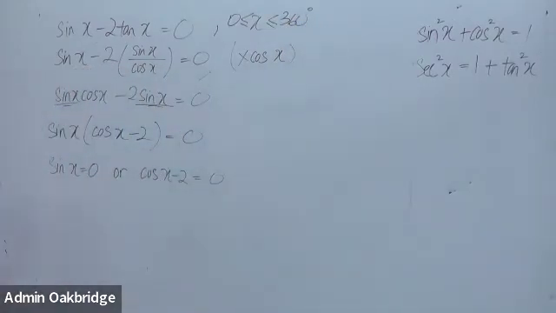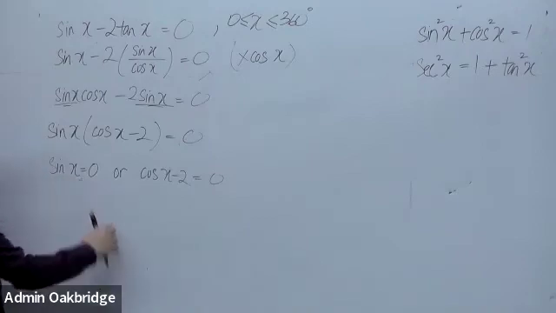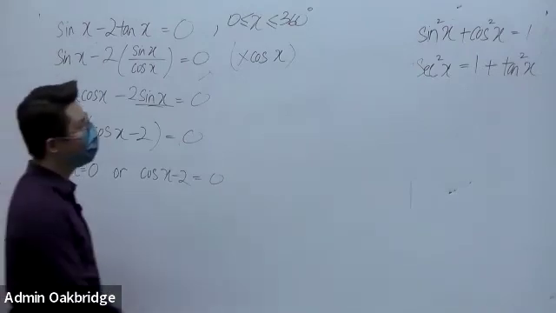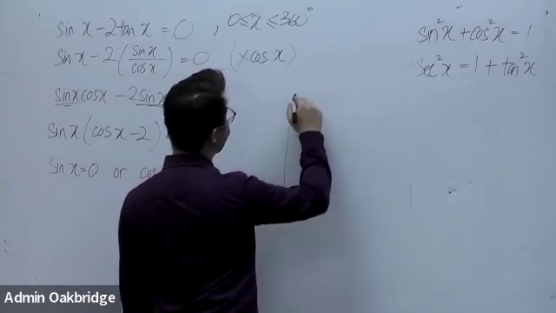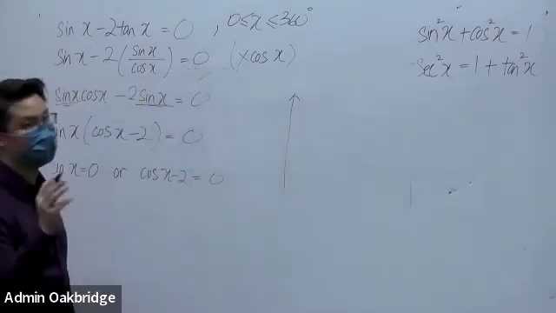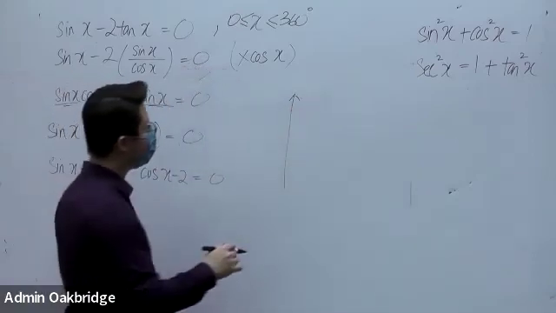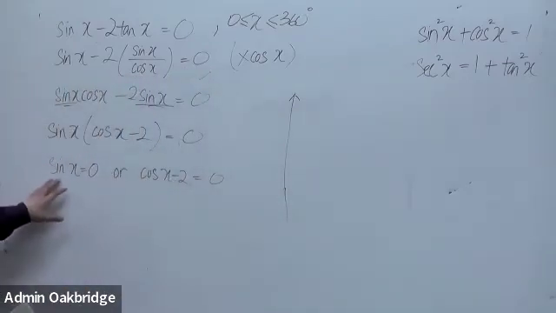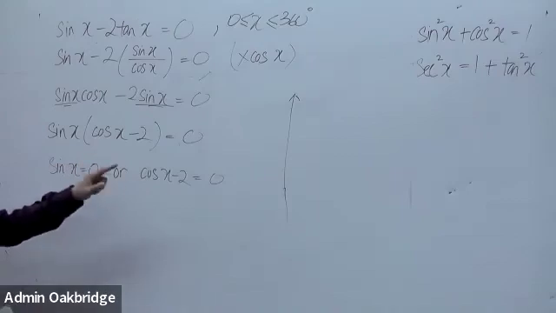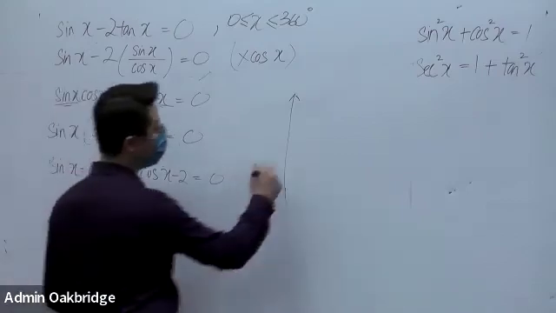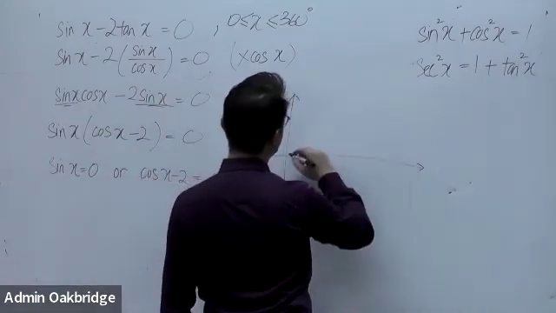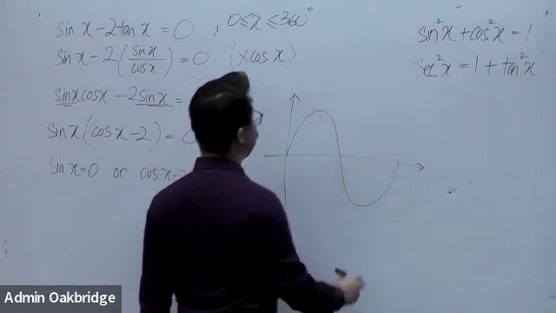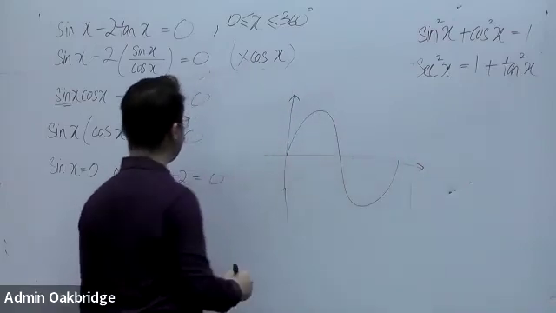So how do you get the x value for sine x equal to 0? This one, you can check the graph. You don't need to use the Cartesian plane, especially when you see the trigo function equals to 0, 1, or -1. You just draw the graph and check for it.